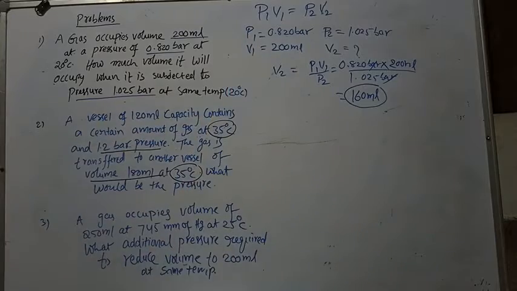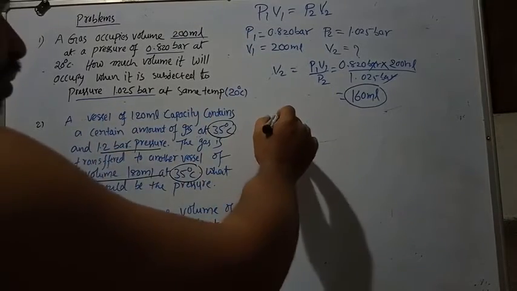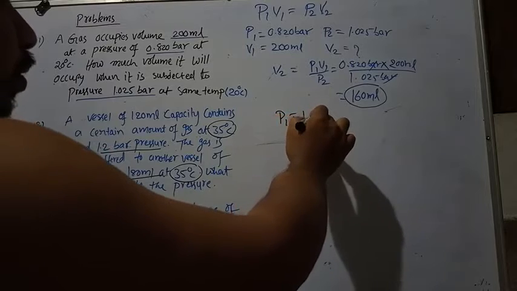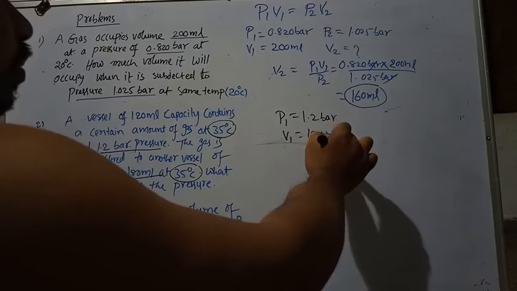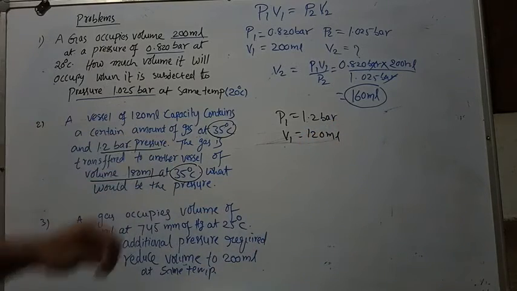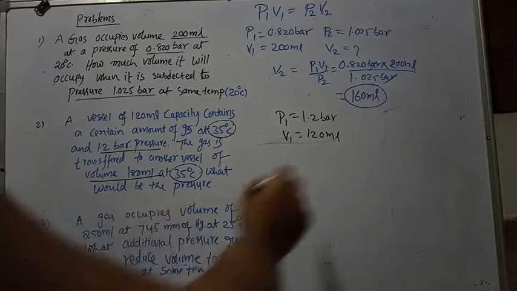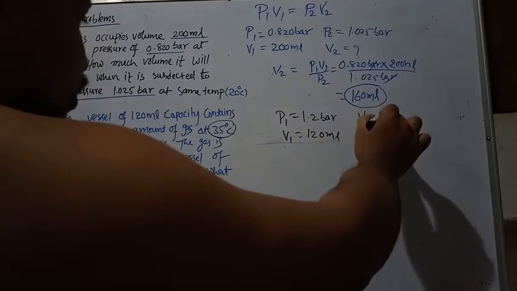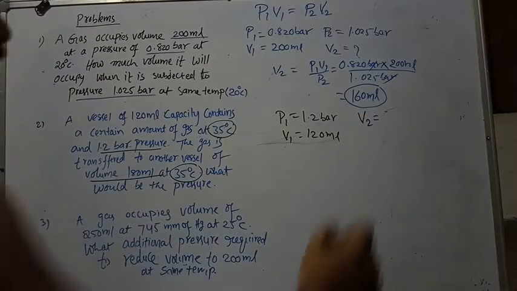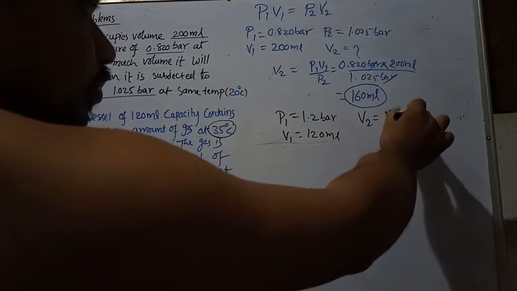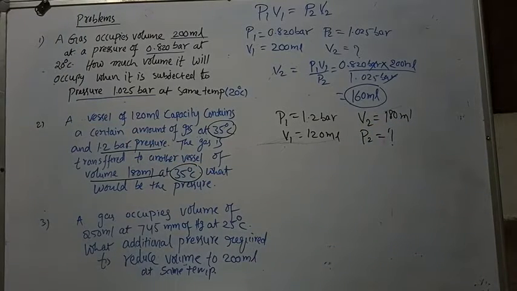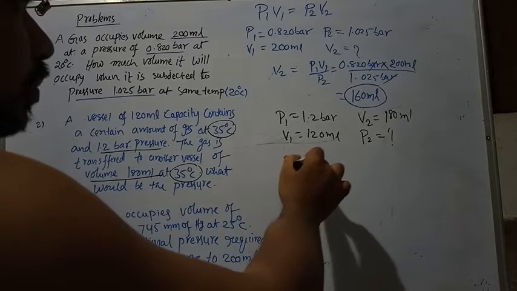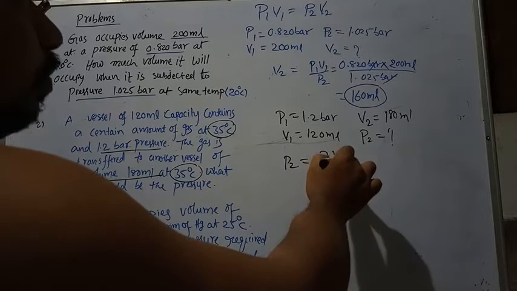Same, we are taking that. Here initial pressure, how much is given? 1.2 bar. Initial volume how much is given? 120 ml. After transferring into another vessel, volume will be 180 ml. So at which pressure will it happen? So pressure P2 is equal to P1 V1 by V2.